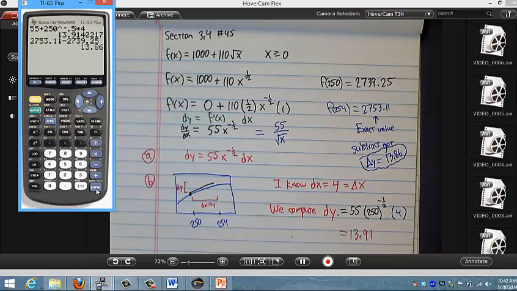Okay? But in real life, I may not have that. But what I may know is I can compute a differential very quickly. Okay? Whereas the actual function is more complicated. Okay? You're right. In this example, it was almost or maybe just as easy for me to come up with the exact value as it was for the approximation.